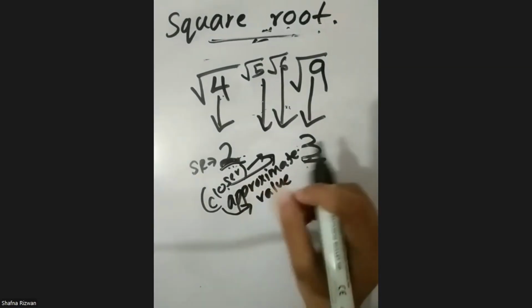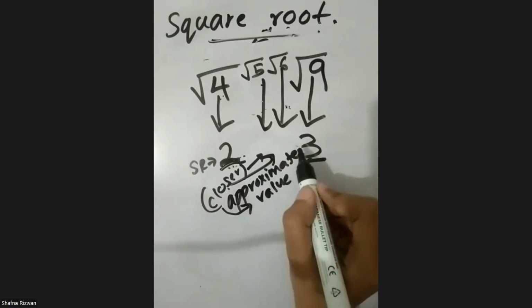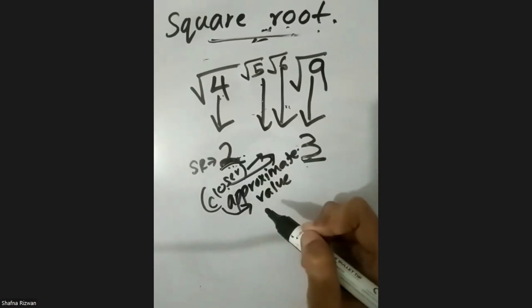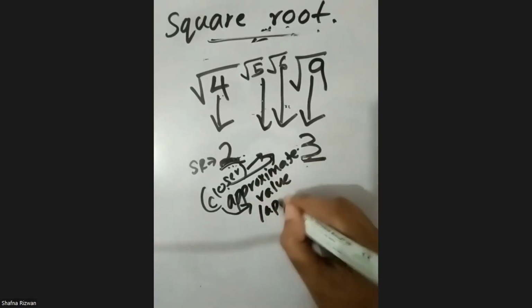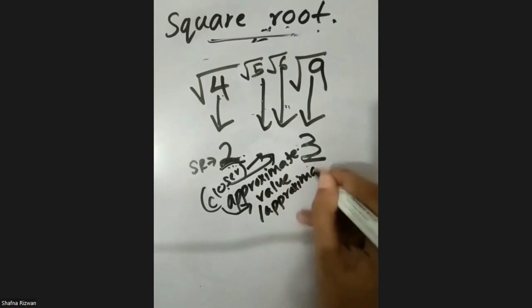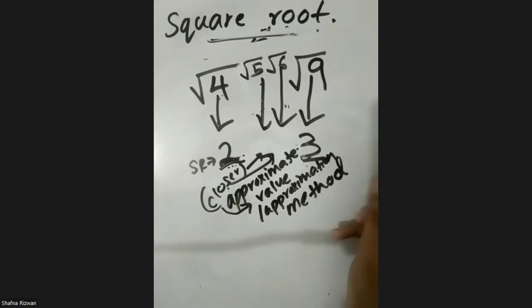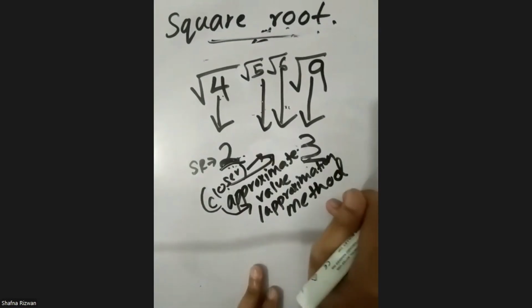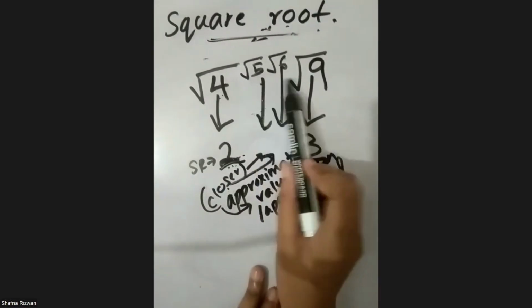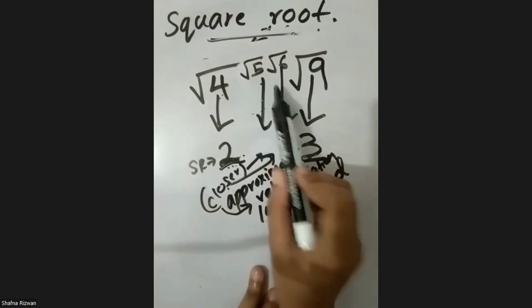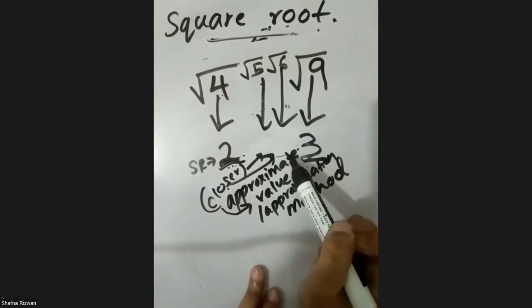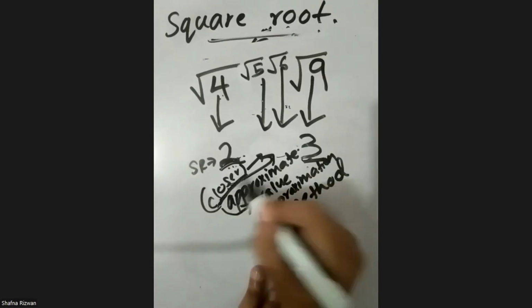A closer value that I take in between them, I call an approximate value, or we can call it the approximation method. This is a method where you find the square root of numbers in between these perfect squares by finding the closer value.